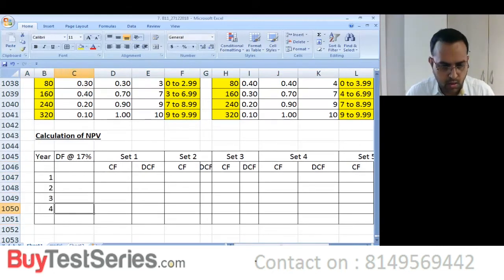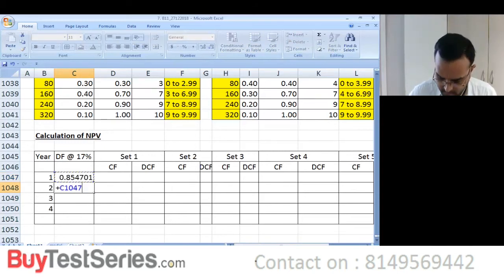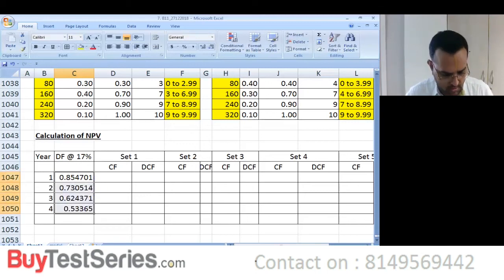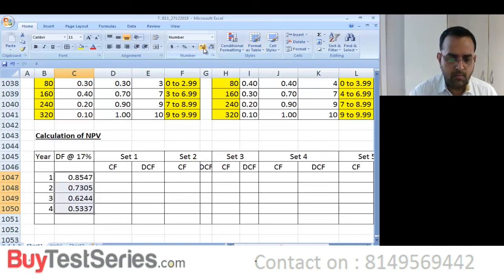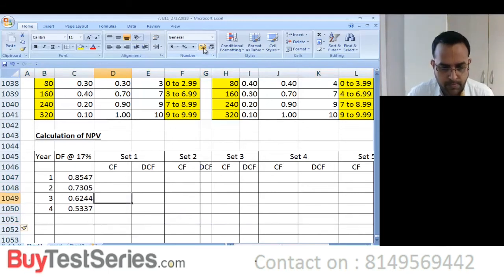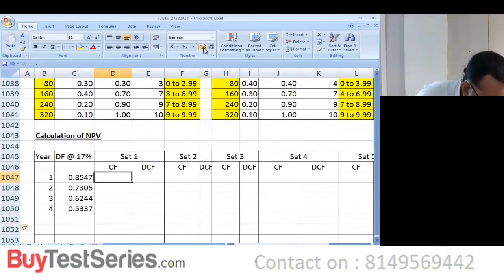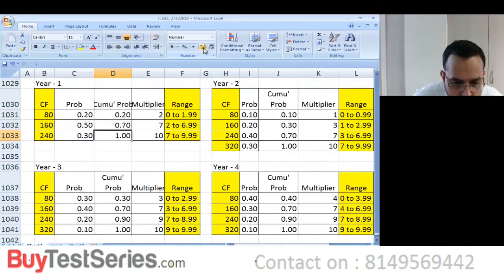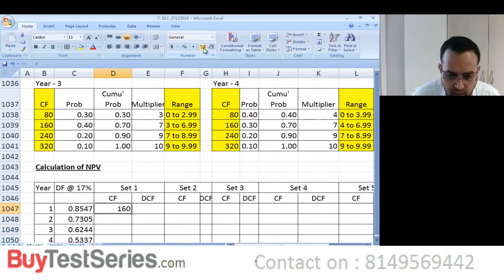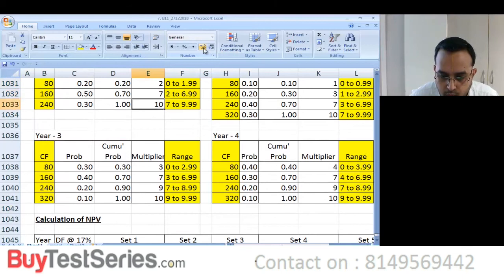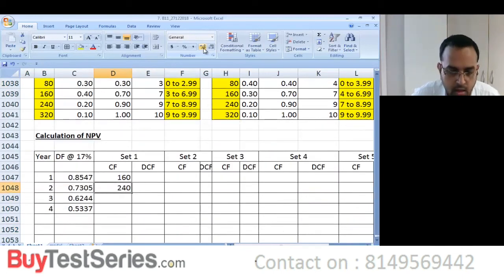Year 1, 2, 3, 4 and discounting factor. Set 1 is 5381. 5381 means 5 corresponds to 160, 3 corresponds to 240, 8 corresponds to 240, 1 corresponds to 80.